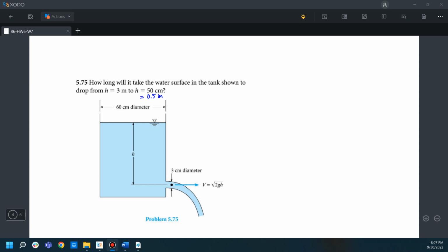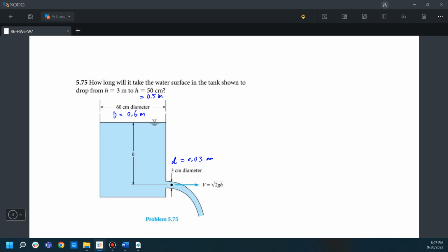We define the diameter of this large tank as D equal to 0.6 meter, because it's 60 centimeters, and the diameter of this outflow pipe, this part, is denoted as lowercase d, that is equal to 0.03 meter.